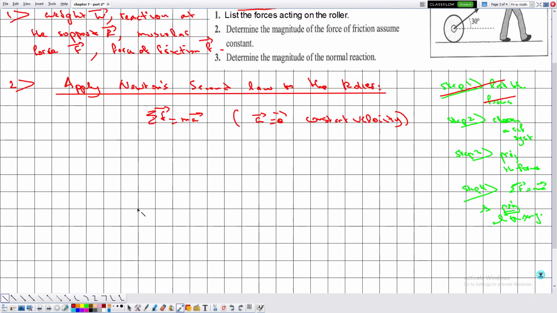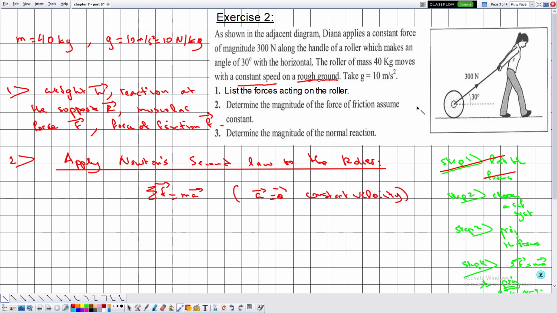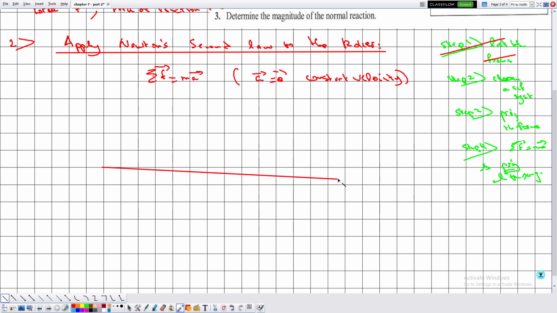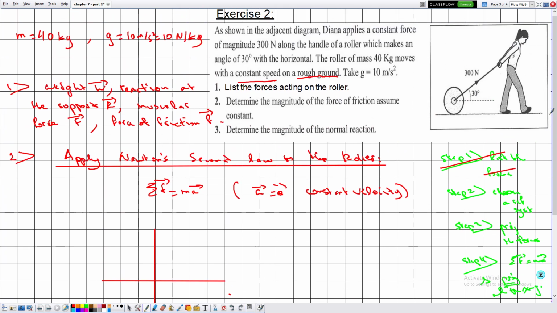So suppose that this is the x-axis. Let me draw it here. This is the x-axis, this is the y-axis. Here we have the muscular force F due to Diana. We have the weight, which is acting vertically downward like this. We have the normal, and the point of application is the point of contact between the roller and the support.